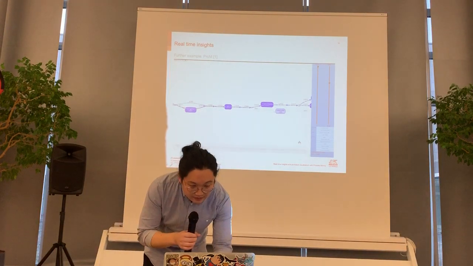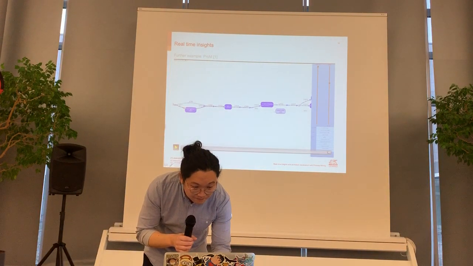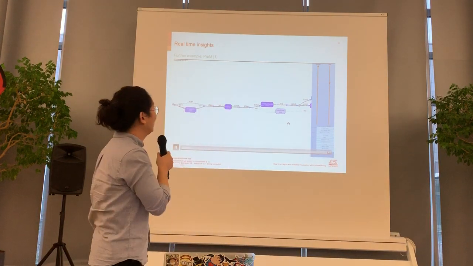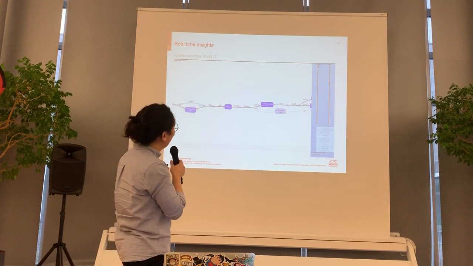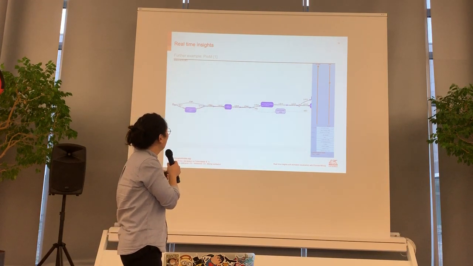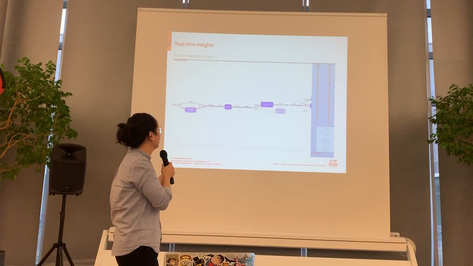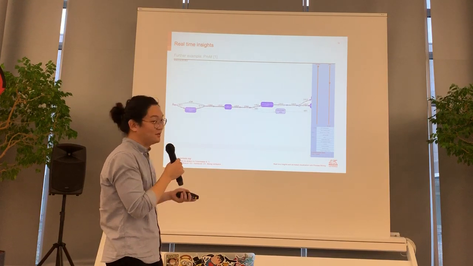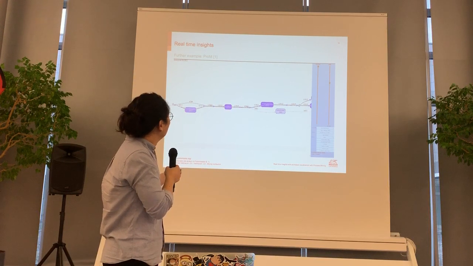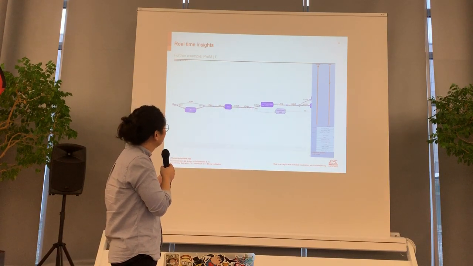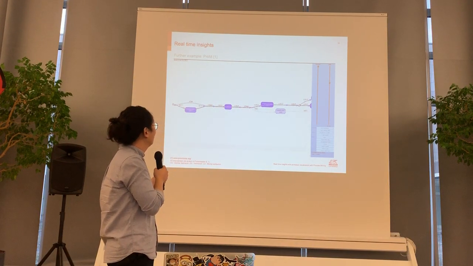This is my third example. This is again another process model, and what I wanted to highlight here are the different colors of the circles. I tried to zoom in as much as possible, but the tool did not allow me to zoom higher. But here you can see that the circles now have different colors.